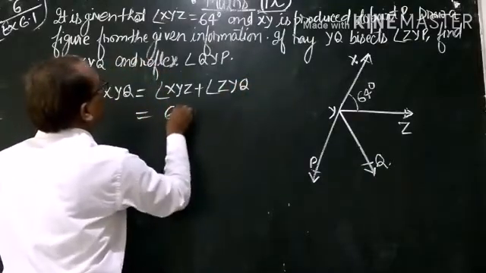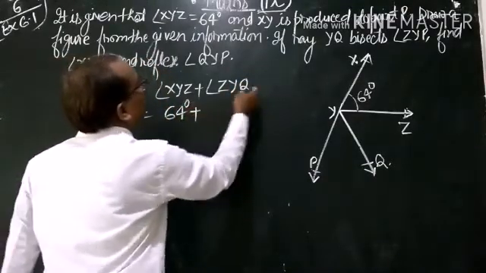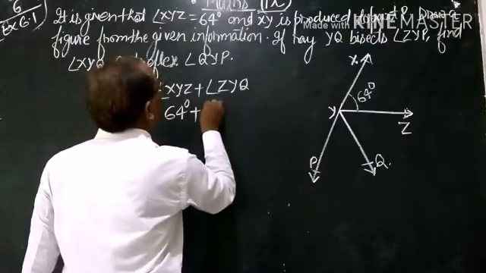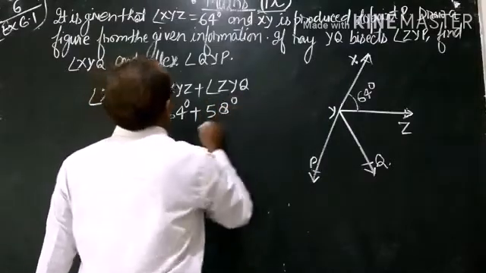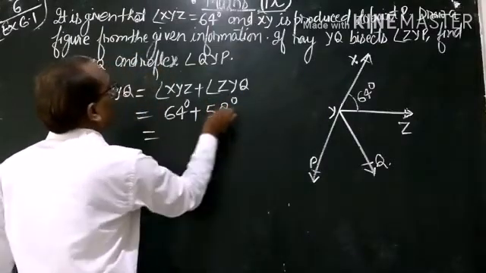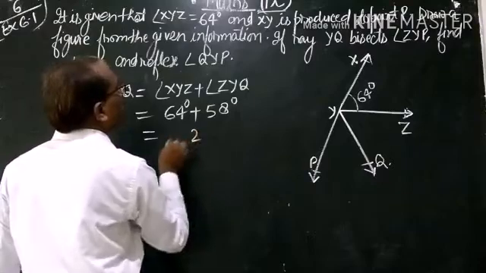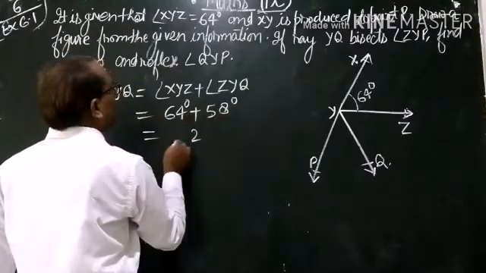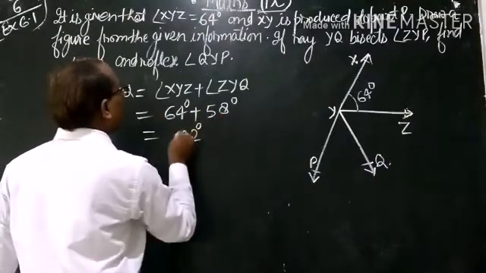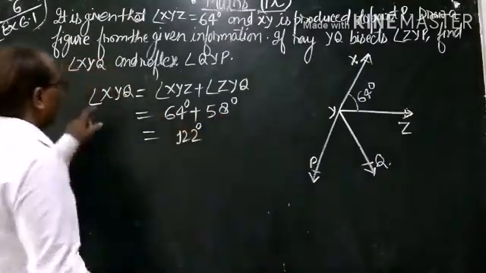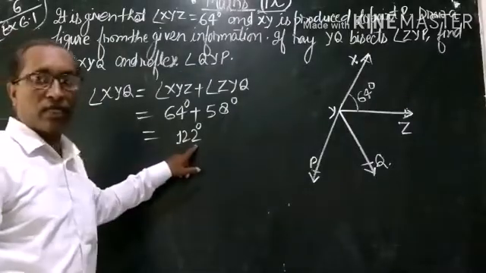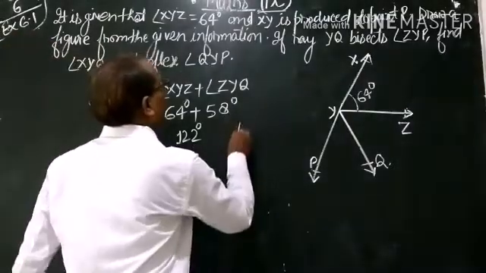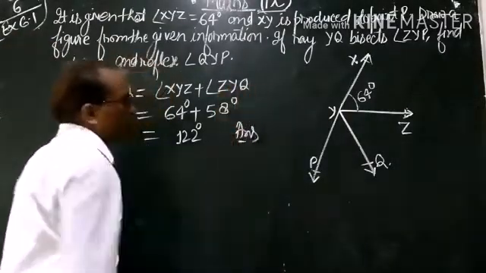XYZ is 64 degree plus ZYQ is 58 degree. That is 122 degree. Angle XYQ is equal to 122 degree. First answer is this.